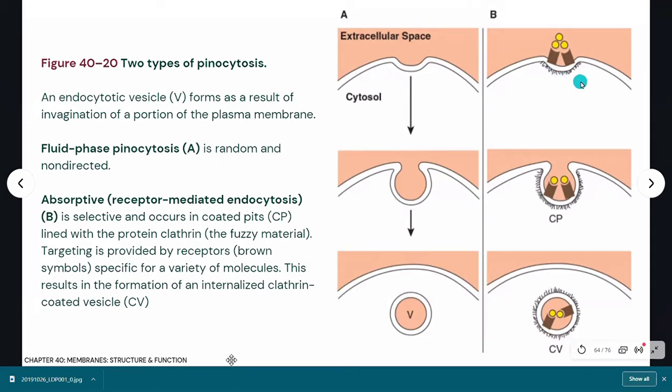These are what you call your clathrin proteins. Again, they are going to join together, and then you have a vesicle lined with clathrin proteins. There. So that is your cell drinking, or pinocytosis.